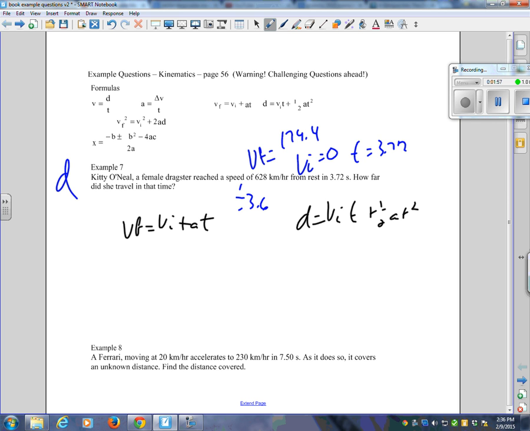Now I'm going to go 174.4 is 0 plus a times 3.72. And you get a time of 46.9. Is that right? No, not t. That's a, isn't it? We're solving for a.